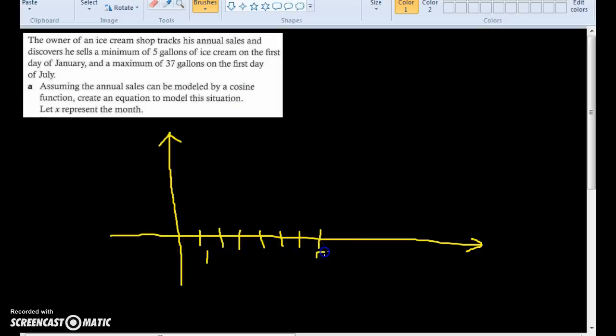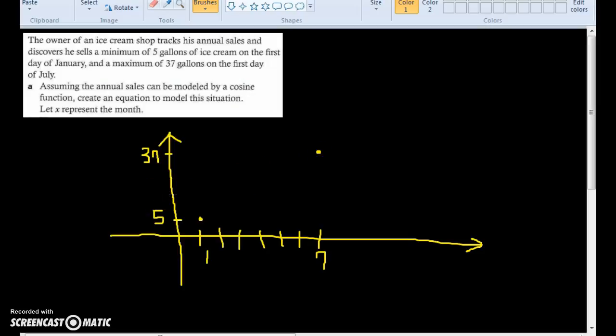This is my July. In January, I'll have a minimum of 5, so I have a point there. In July, I'll have a maximum of 37, so I have a maximum there.